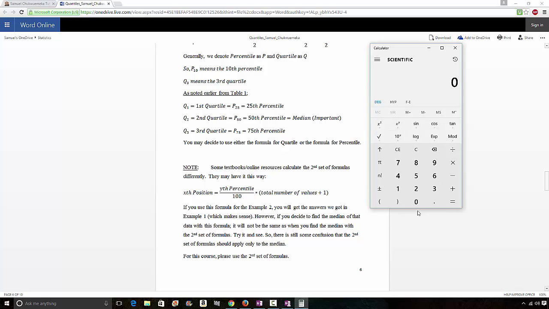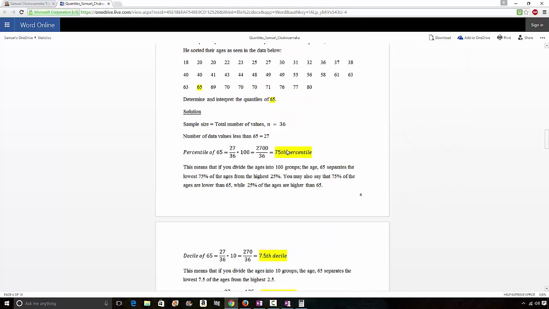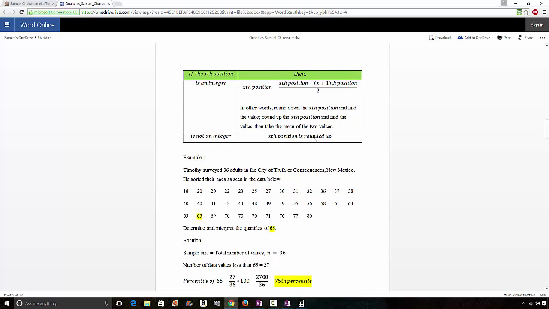So you would have 0.75 times 37, and that gives you 27.75. You round it up to 28. You round it up because if it's not an integer, you always round up.